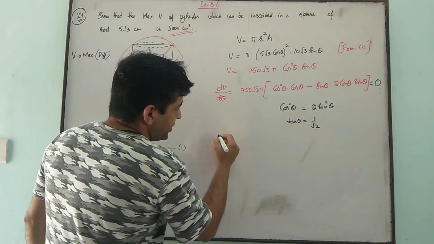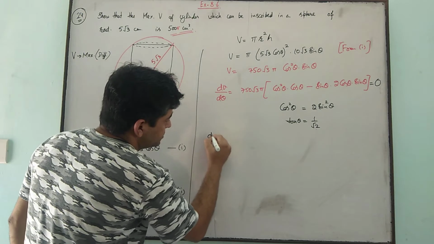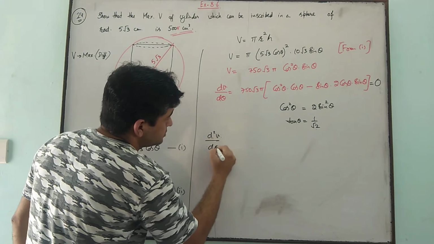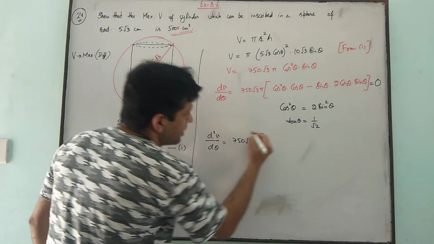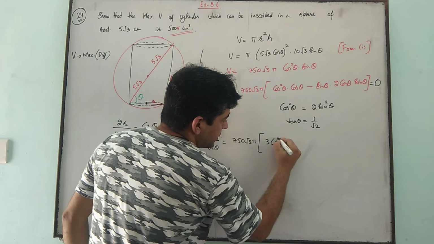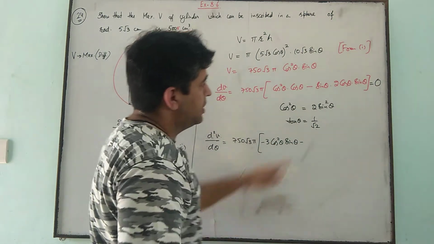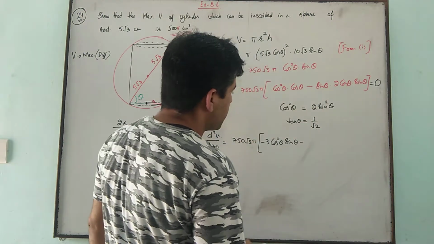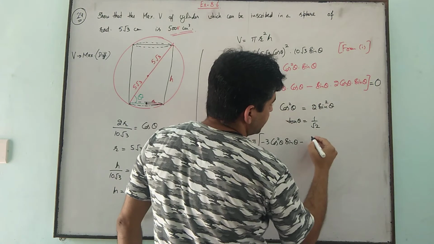Now double differentiate it to prove it maximum. Double differentiate. Cos cube theta, derivative is 3 cos square theta into minus sin theta, and 2 cos theta.